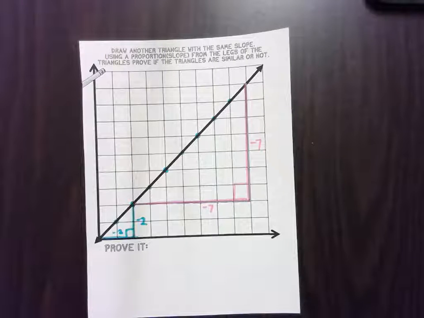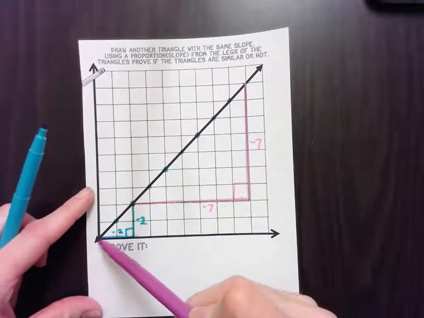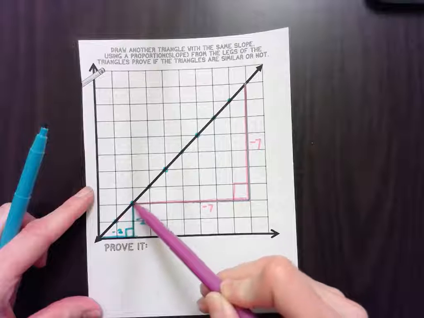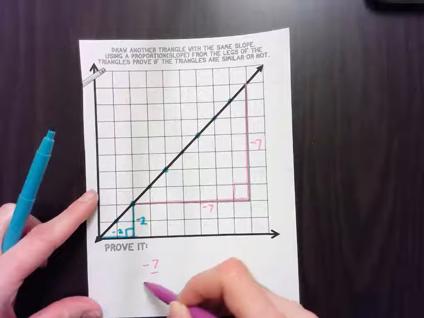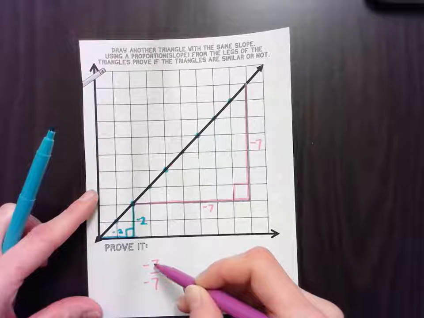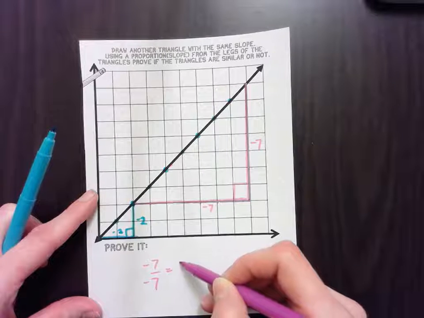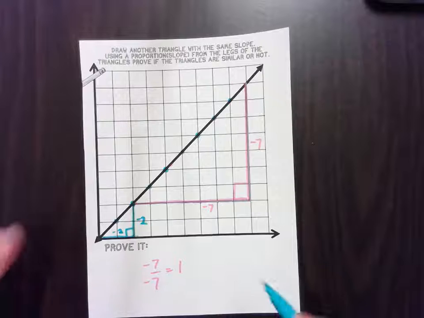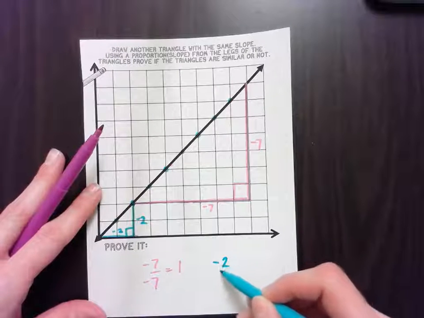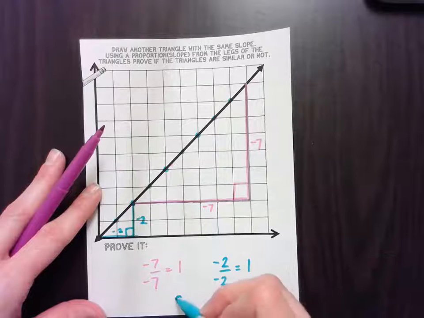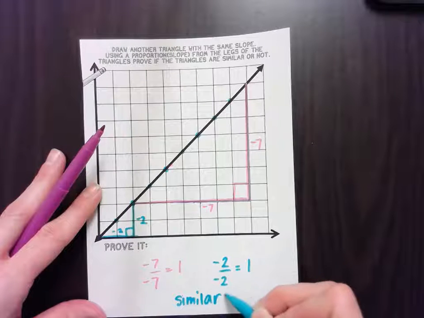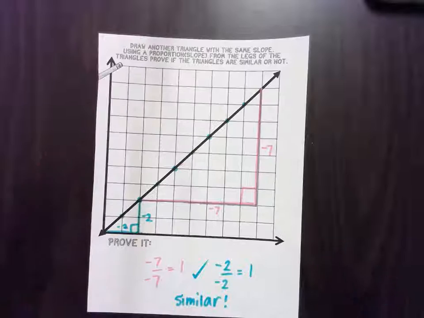Now in the prove it section, that's where we're going to take our rise over run for each and see what happens. If they're equal, then that means that these hypotenuses have the same slope. So -7 over -7 simplifies to 1. -2 over -2 also simplifies to 1. That checks out. They are similar.